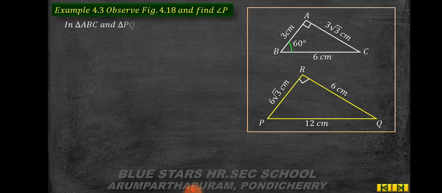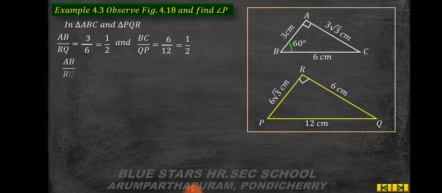So in triangle ABC and triangle PQR, AB by RQ is equal to 3 divided by 6, which is equal to 1 by 2, and BC by QP is equal to 6 divided by 12, which is equal to 1 by 2. Then AB by RQ is equal to BC by QP is equal to CA by PR.